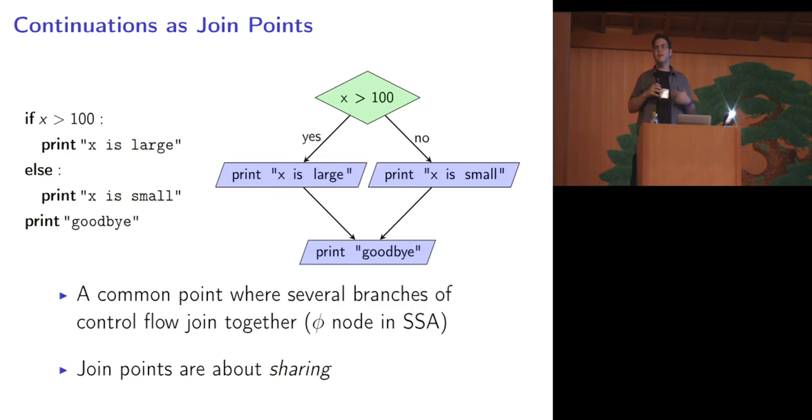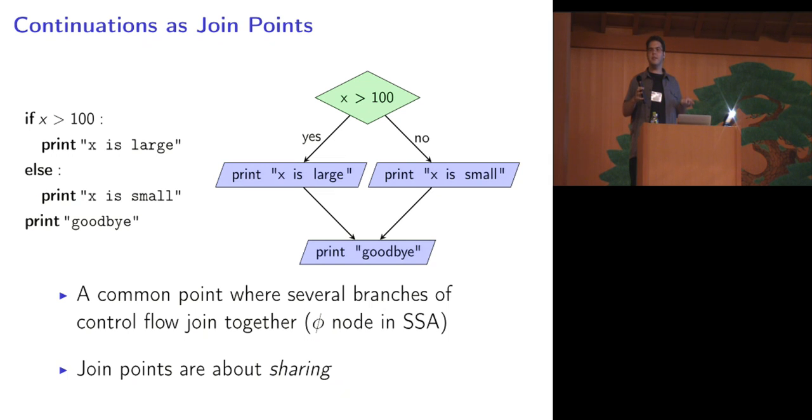But there's another thing you can do with continuations, and this comes up in imperative languages as well. We have this tiny imperative script, and the whole thing here is that we're doing a conditional. We're checking if x is big, and we're going to print out whether or not it's large.